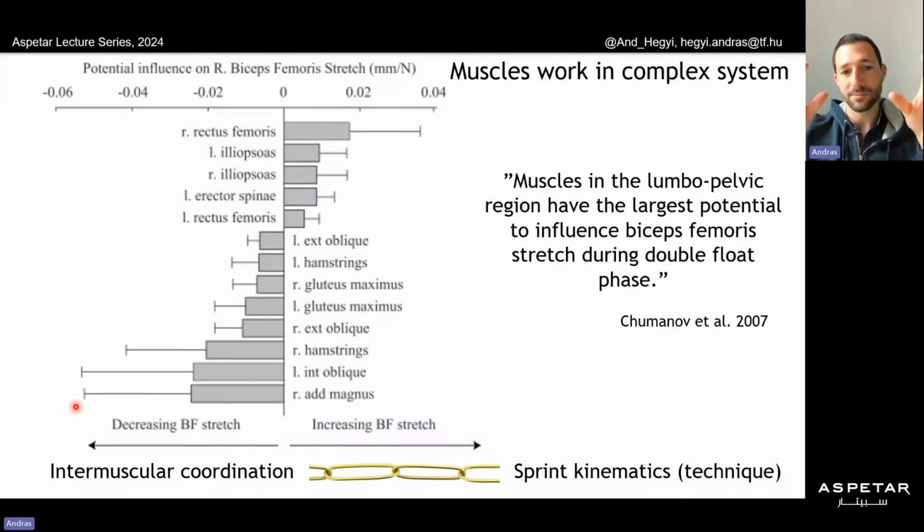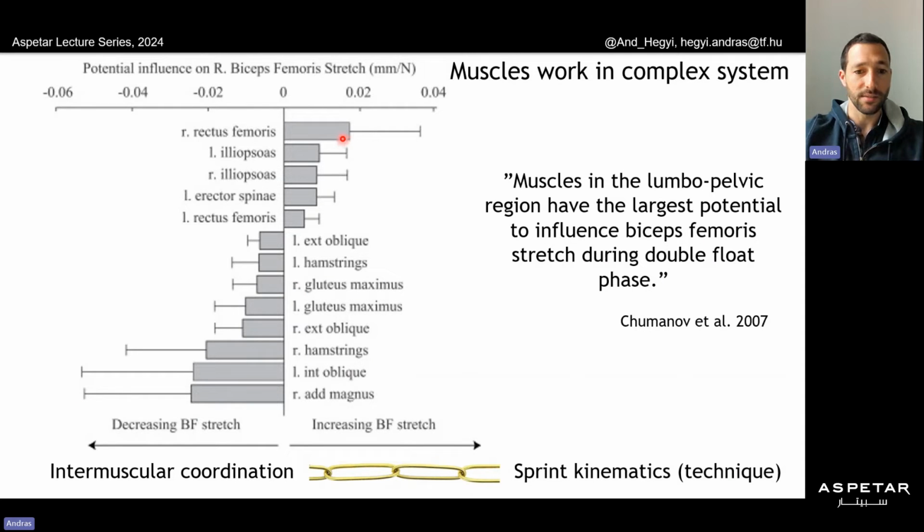Now I will go from the mechanics of the muscle to the excitation of the muscle, the activation of the muscle. This is the second part of this running part of my presentation. What we need to notice is that muscles work in a very complex system. Especially the muscles in the lumbopelvic region have a large potential to influence the length of the biceps femoris muscle.